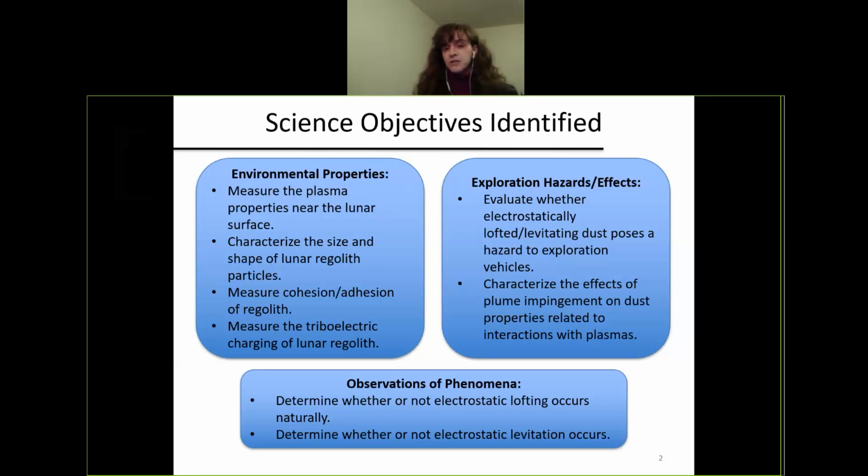Other science objectives are really exploration motivated. So understanding how dust plasma interactions will influence our exploration operations, as well as how exploration operations, for instance the impingement of a thruster plume on the surface, will change the characteristics of the dust particles or these dust plasma interactions.